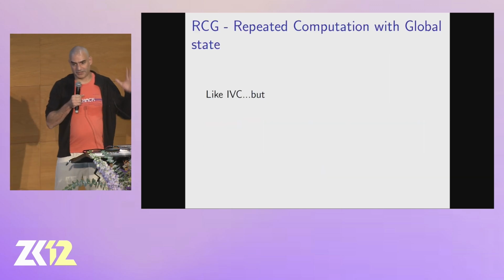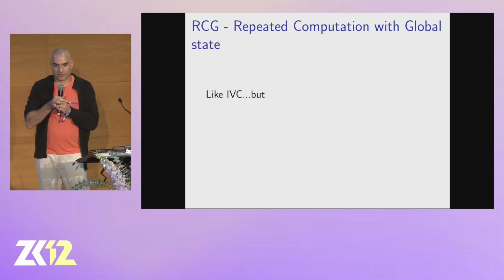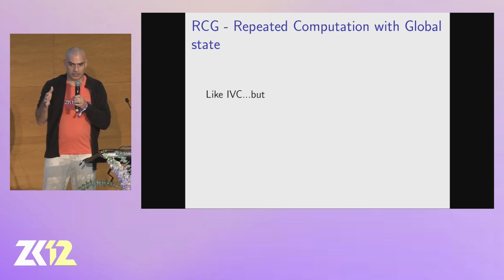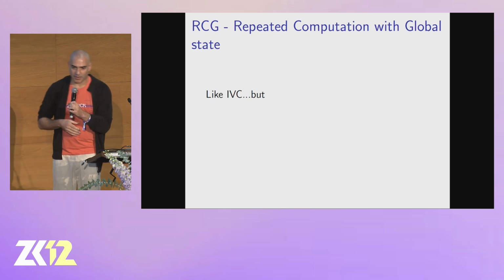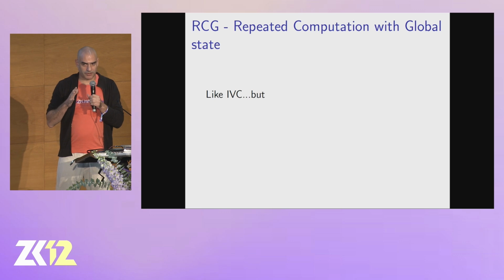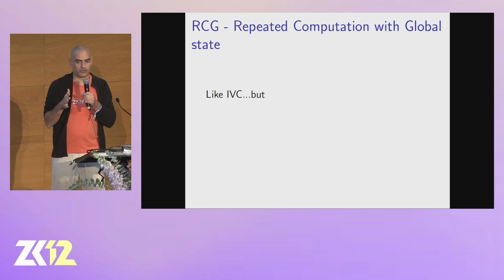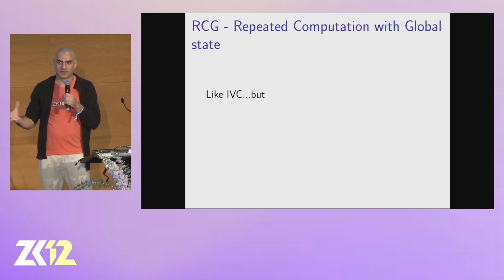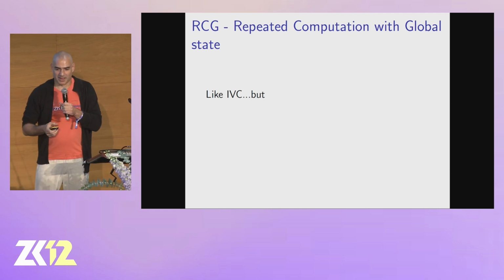So to conveniently deal with this setting, we define the notion of RCG, Repeated Computation with Global State. At a high level, or even a less than high level, RCG is very similar to Incrementally Verifiable Computation, IVC, which you've probably heard of a lot.